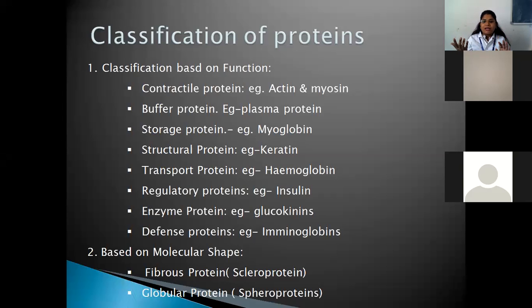Fibrous proteins are high molecular weight substances, whereas globular proteins are low molecular weight substances. For the structure of fibrous protein, you can consider hairs. The keratin present in hairs is fibrous in nature. Whereas for globular protein, we will take the example of albumin, which is present in the egg. So that is the example of a globular protein.